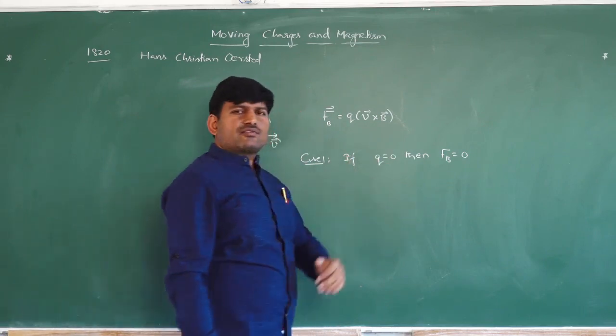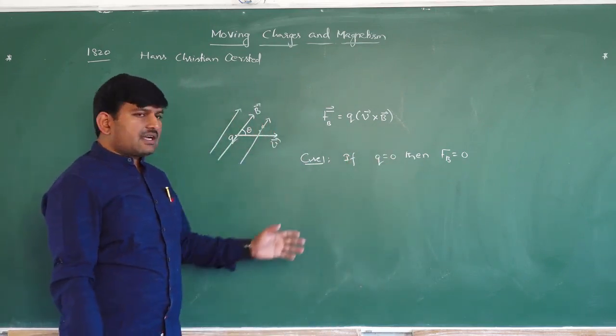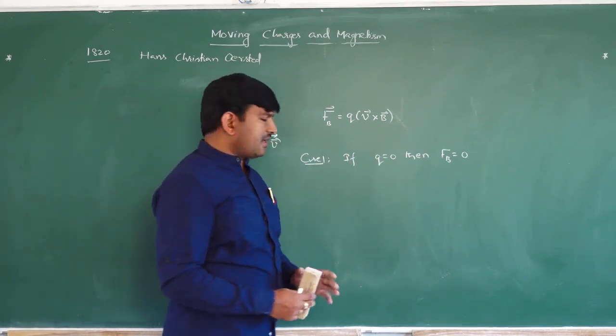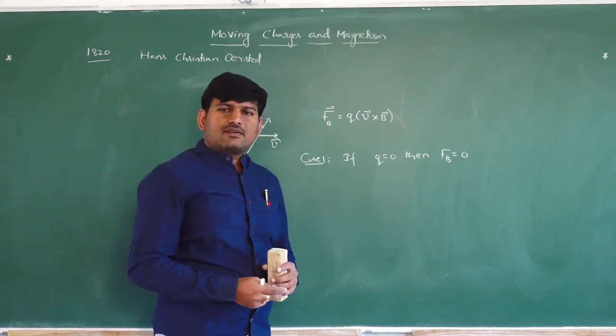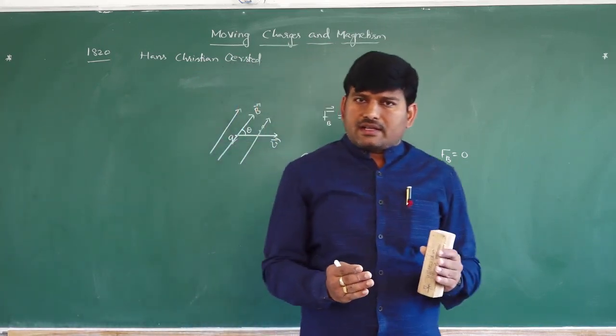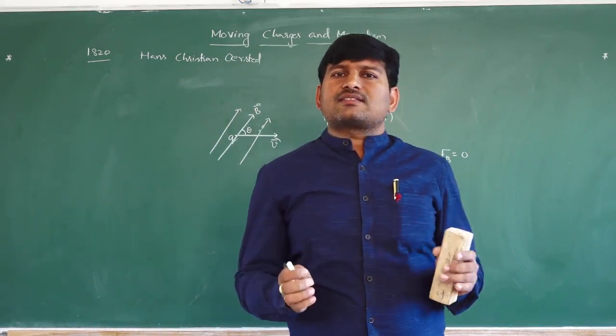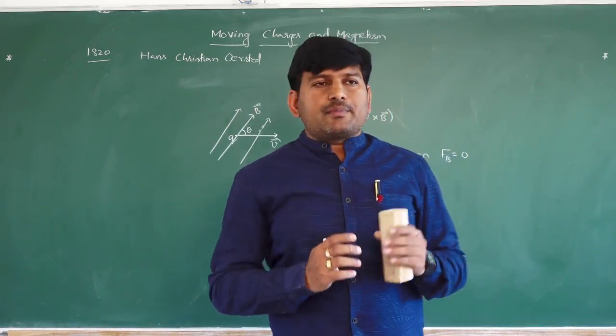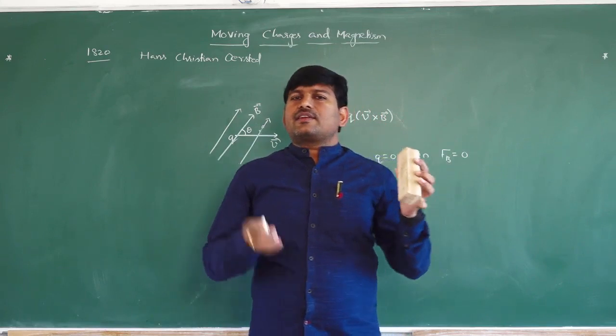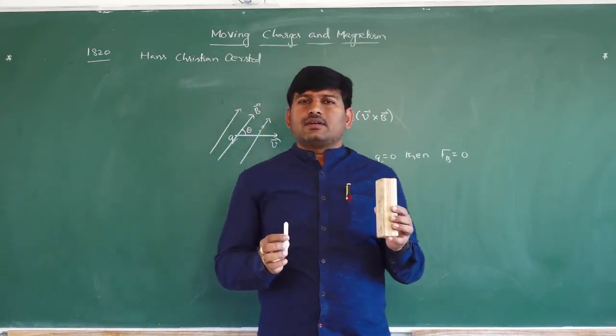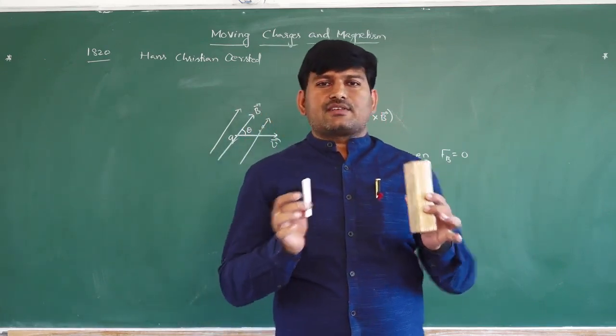But why is the magnetic force acting on it 0? We can study this theoretically also. As I told you, when two particles are interacting, the two particles' fields must be the same. That means if a duster interacts with a piece of chalk, the interaction is because of the gravitational force.